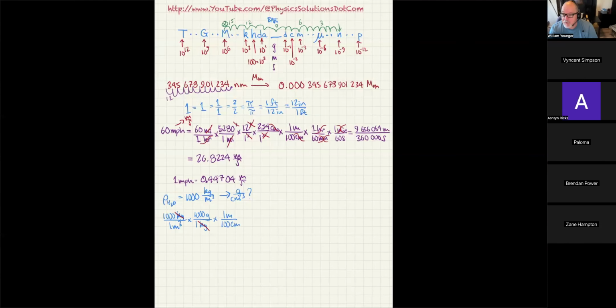Now, that meter cubed means meter times meter times meter. So I've got to do that 3 times. So now I say another 1 meter over 100 centimeters, and another 1 meter over 100 centimeters. And now what you can see is this meter and this meter cancel out with all three of those meters. And we're now going to get grams per cubic centimeter.